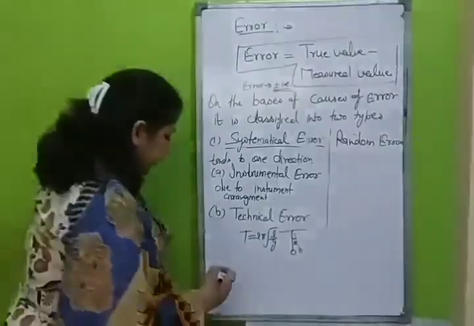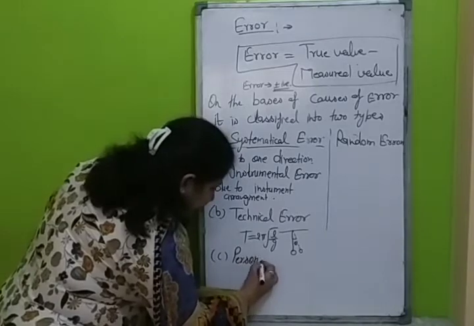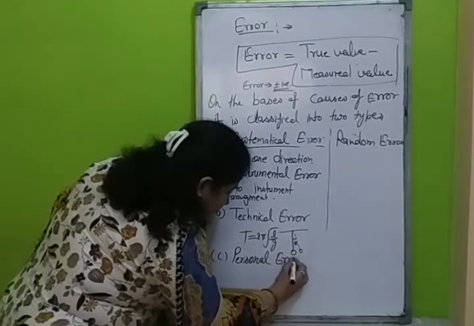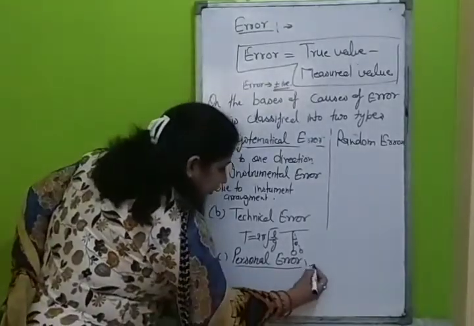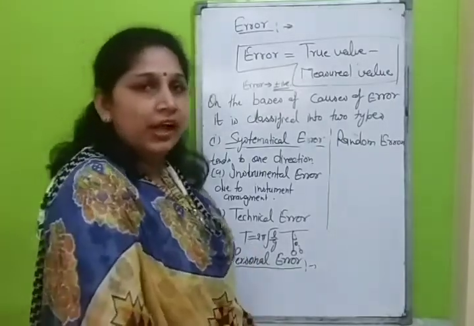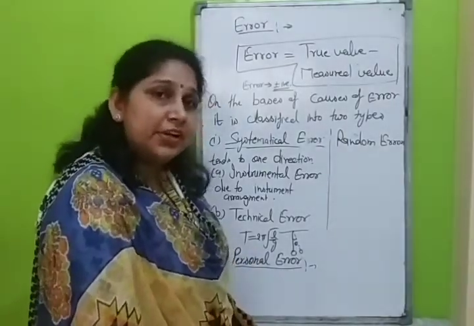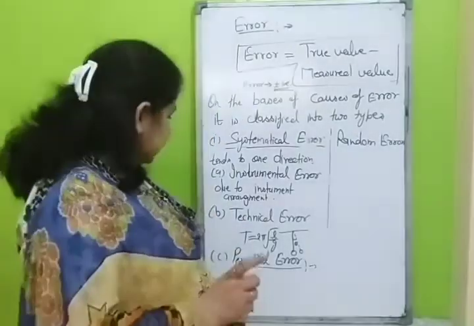Now the third error. Third is personal error. What is personal error? It is due to any person. The person who takes the observation makes the same type of fault every time. This is called personal error.